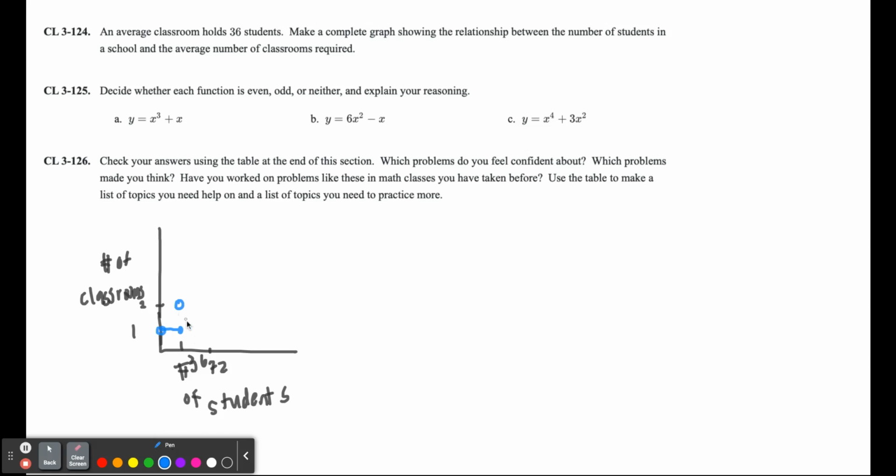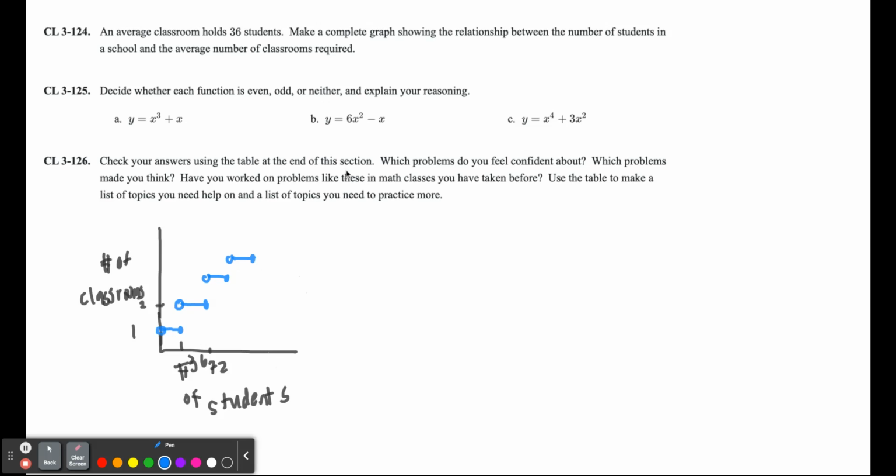So you wouldn't need 2 classrooms for 36. But anything more than 36, you need 2 classrooms up until 72. And then after that, you would need 3 classrooms and so forth. So it looks like this.